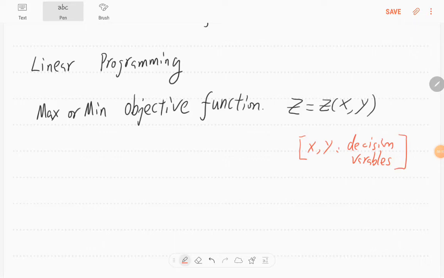So this is the first part: we want to maximize or minimize the objective function z, which is a function of x and y, and x, y are the decision variables you will introduce yourself.